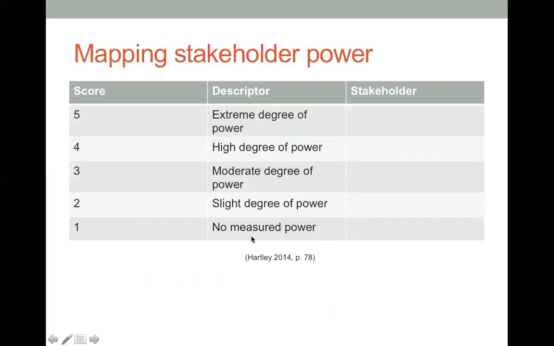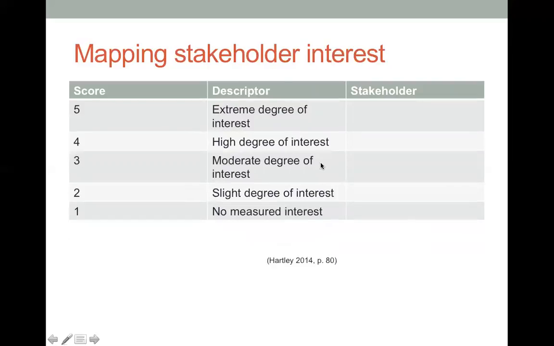One may represent no measured power, and we determine who the stakeholder is. Okay, right through to 5, which represents an extreme degree of power. So this guy is very powerful. Okay, so that's what we do in terms of managing the stakeholder as well.